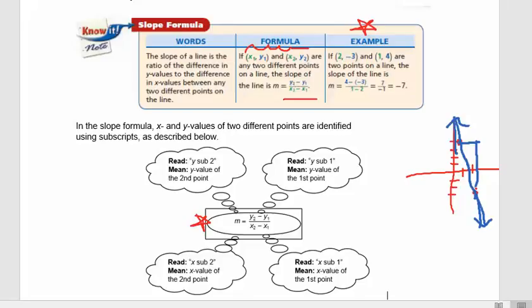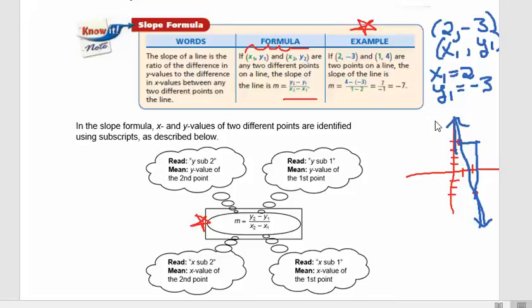So here's what the slope formula means. The point (2, -3) has an x-coordinate and a y-coordinate. The x-coordinate is always first. This is the first point that I put on my graph, so I'm going to call this x sub 1, y sub 1. The little ones are just subscripts, that's why we say sub. So x sub 1 is equal to 2, and y sub 1 is equal to -3.